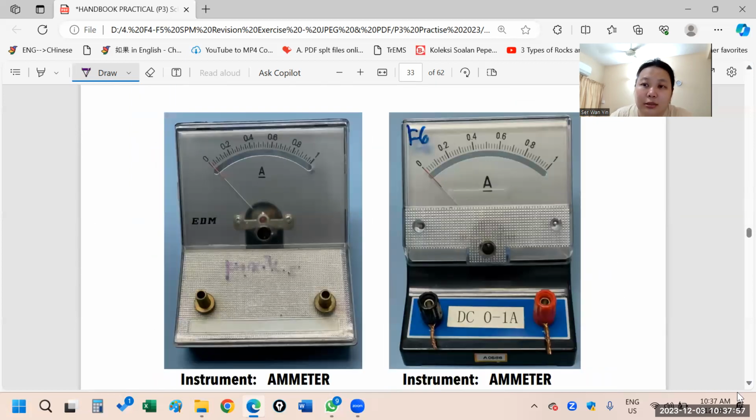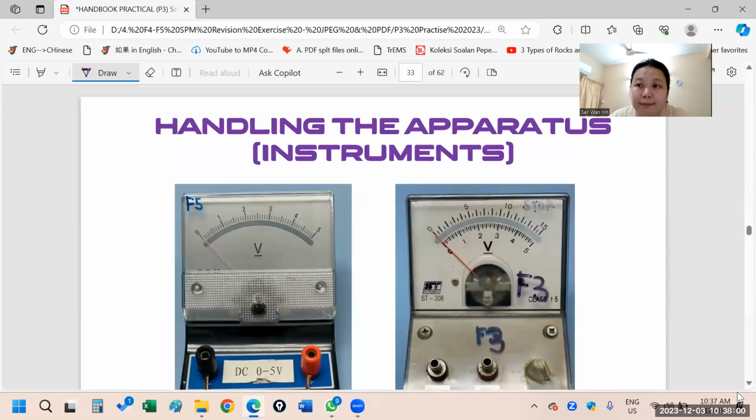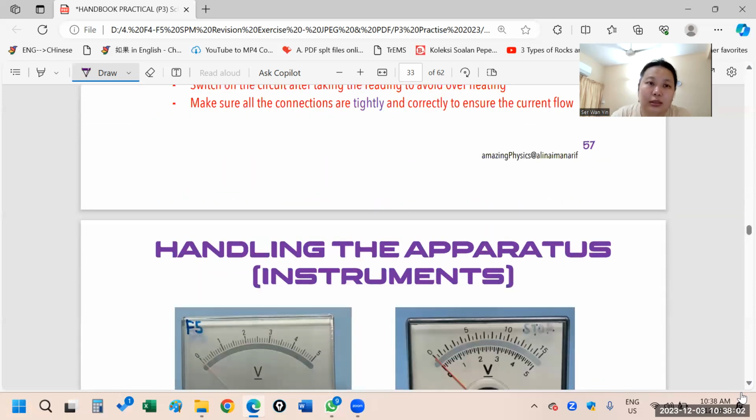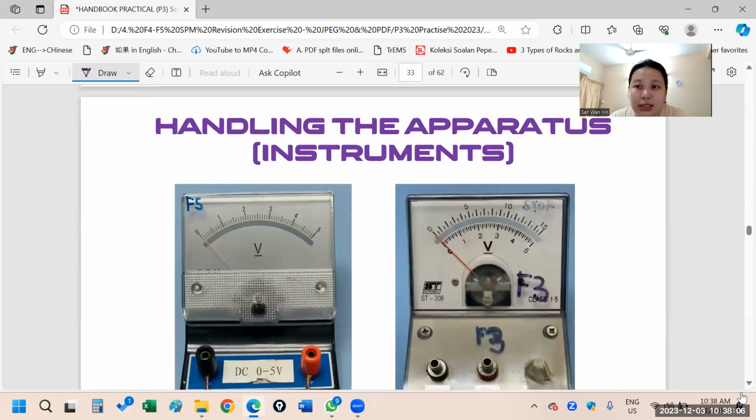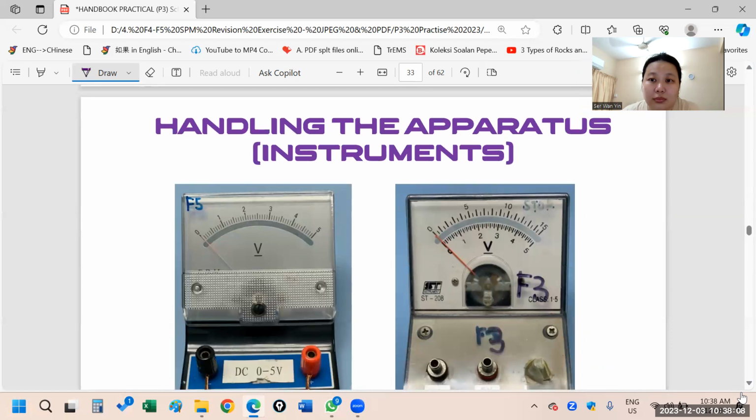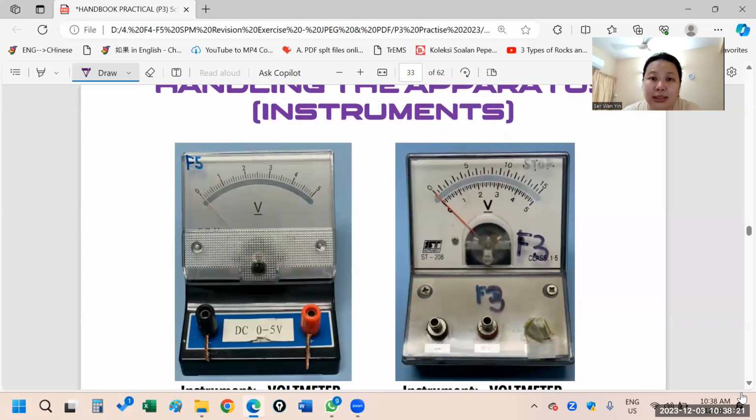Since it is an electricity experiment, sure there is a voltmeter and ammeter.